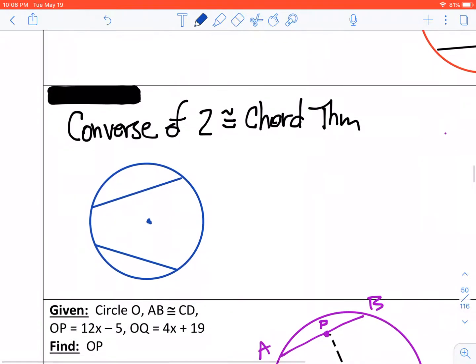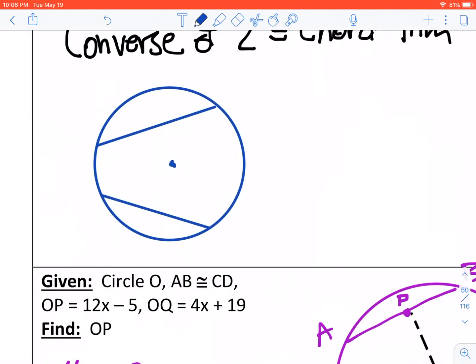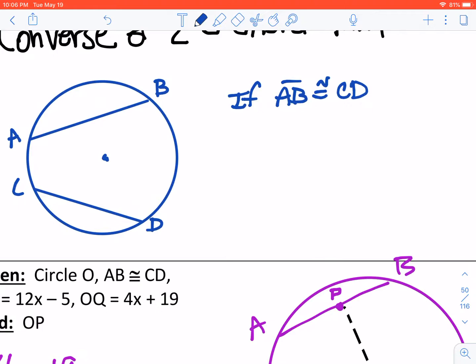And then we have the converse of that. Say you have two chords, A, B, C, D. Say those two chords are congruent. So if AB is congruent to CD, then the distances, so in this case, not very straight, but you get the idea.